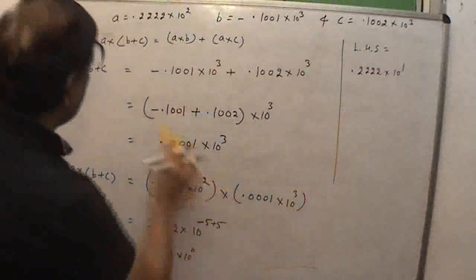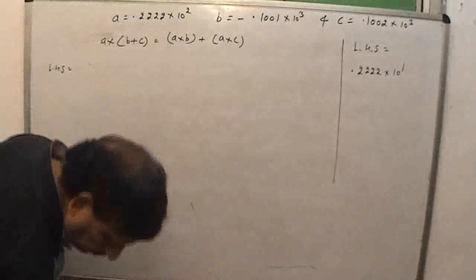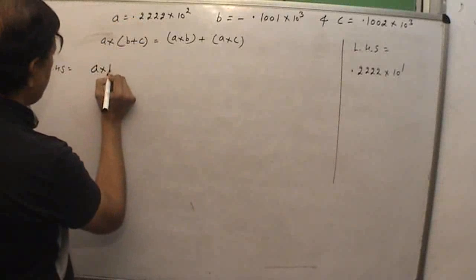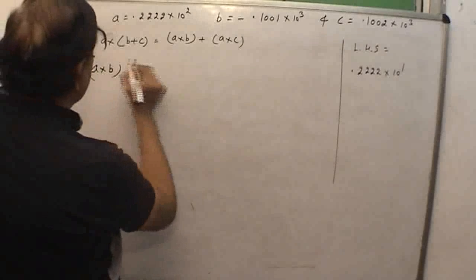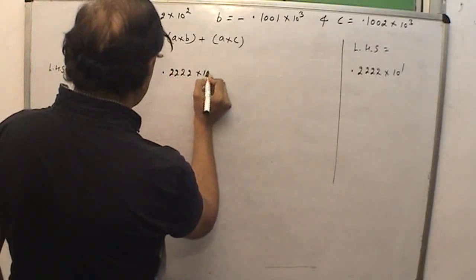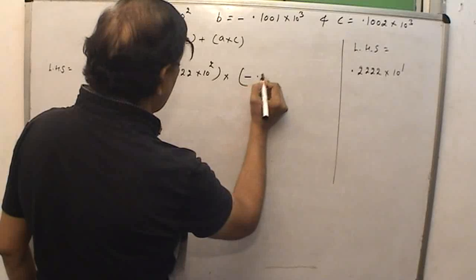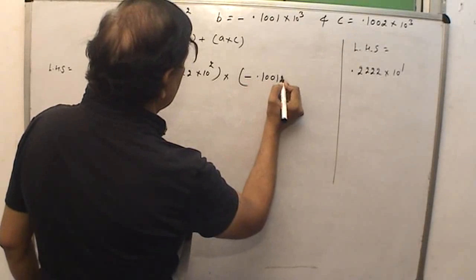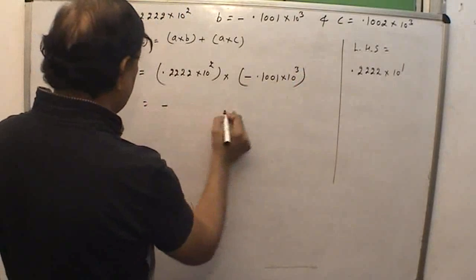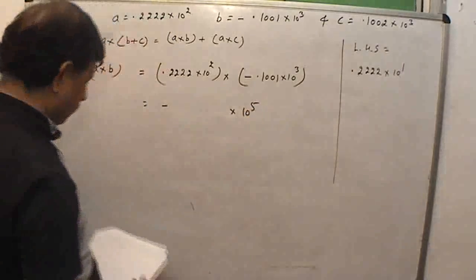Now we check out about right. In that, first we find A cross B or A multiplied by B. That is 0.2222 into 10 raised to the power 2 multiplied by minus 0.1001 into 10 raised to the power 3. That is minus into, first of all, this power added 10 raised to the power 5.